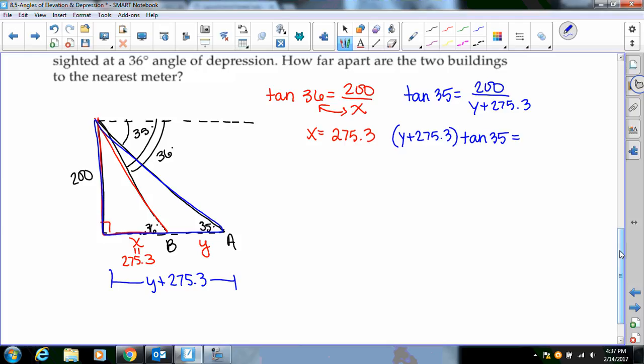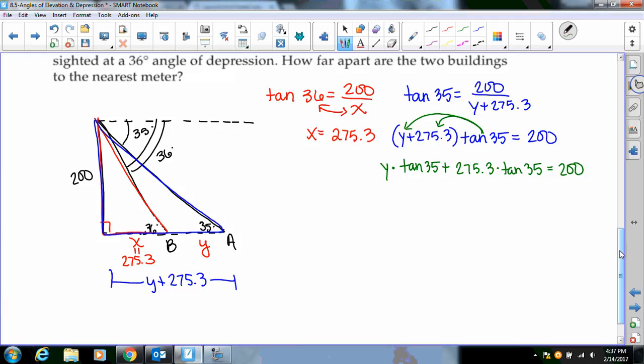And when I do that on the right side, it just cancels out, and I'm left with 200. And then to solve this, I have to distribute this through because that tan 35 represents a number. So y times tan 35 plus 275.3 times tan 35. And that's equal to 200.